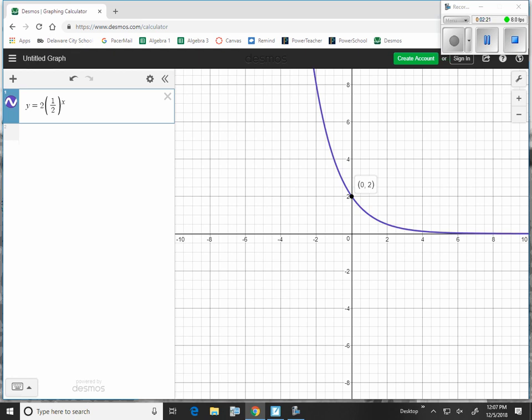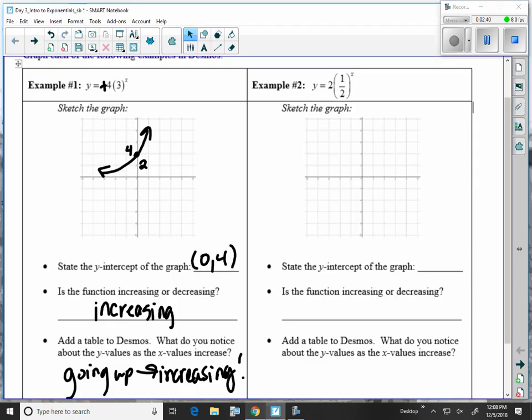What are you getting for a y-intercept? You should be getting a y-intercept of 2. Okay, go ahead and roughly sketch that in your notes.